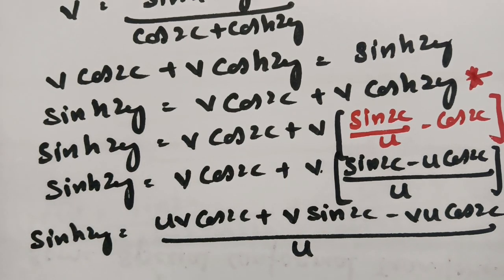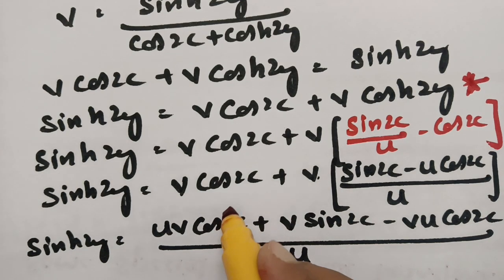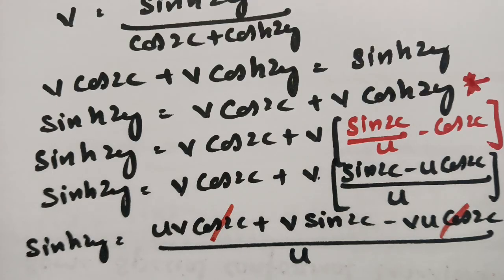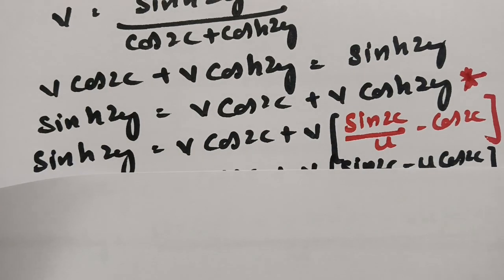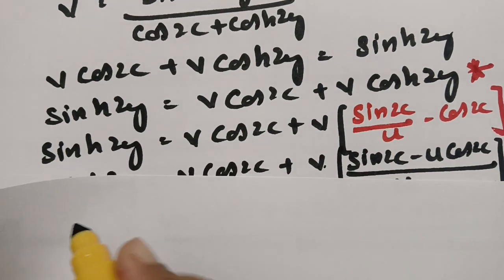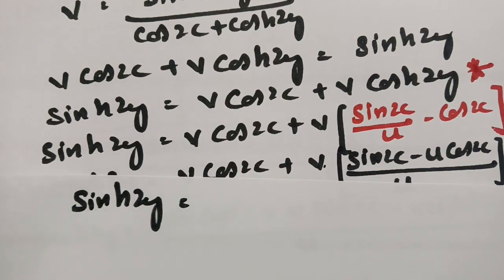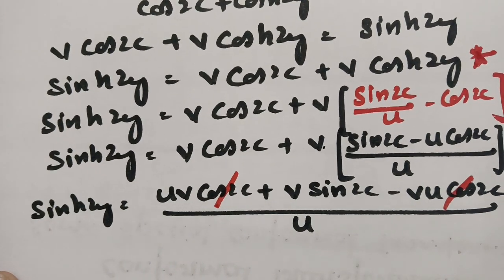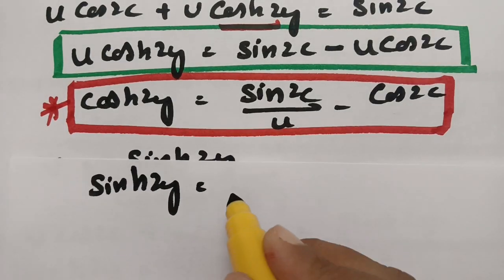Clear? Now if you observe properly, we can cancel these two values: uv cos 2c and uv cos 2c got cancelled. What remained here is sinh 2y equal to v sin 2c by u.